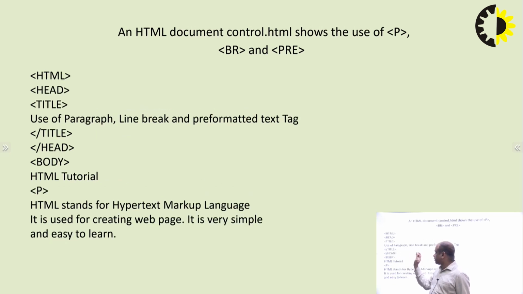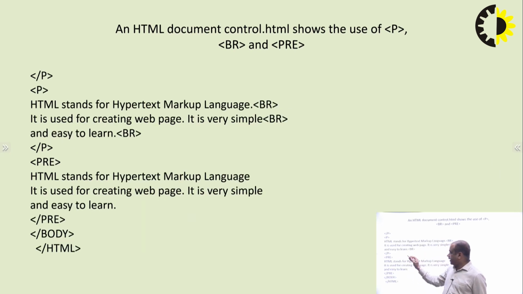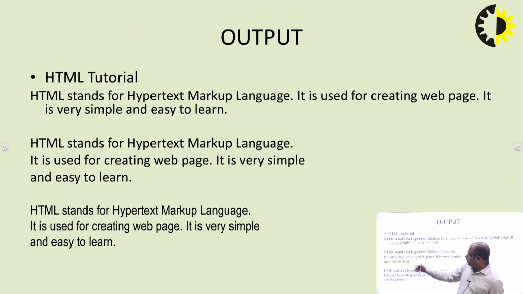Next, with a break row, the p tag is closed here. Next the pre tag is written and closed. If I see the output, it will be like this: first paragraph, second paragraph, and after the paragraph there is a line break, and next is the third paragraph.